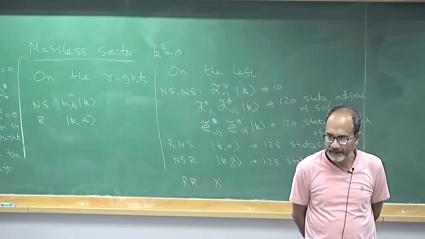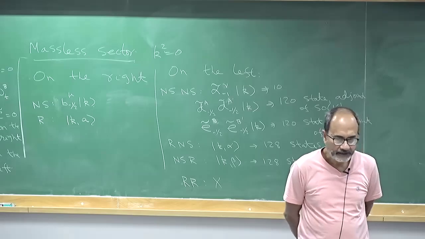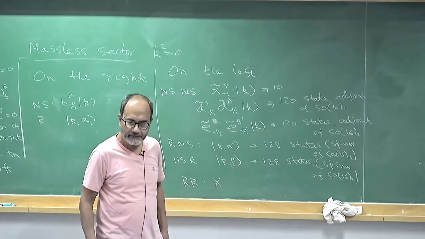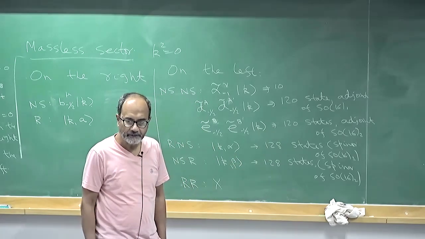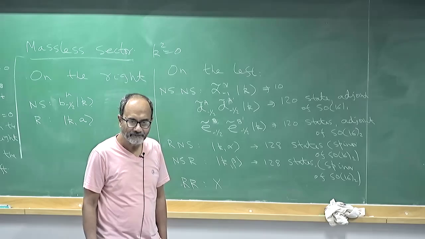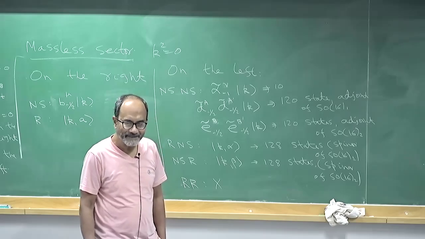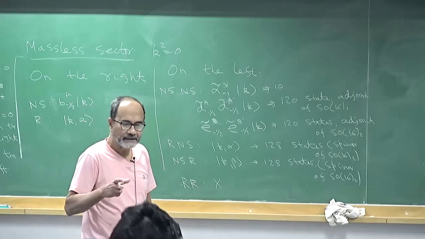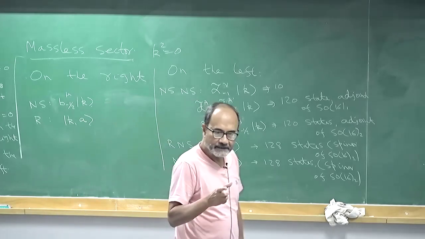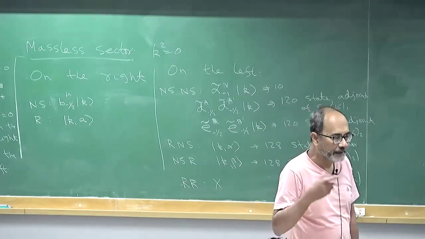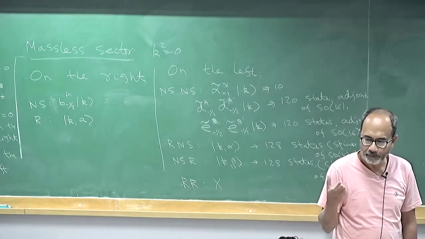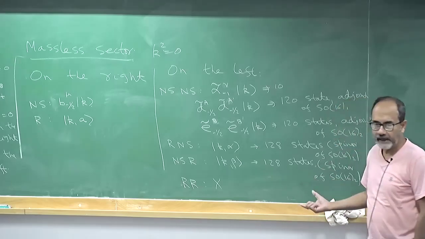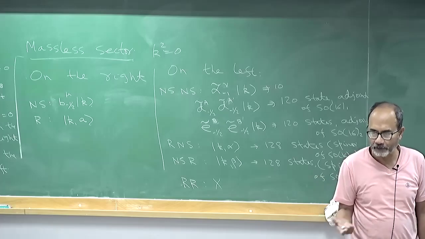So that tells us that it is a gauge field, and it transforms in the spinor representation of SO16, which is also a gauge group whose gauge field you have already found. So what you have found is a set of massless vectors which transform in the spinor representation of the SO16-1 gauge group, and another set of massless vectors which transform in the spinor representation of the SO16-2 gauge group.